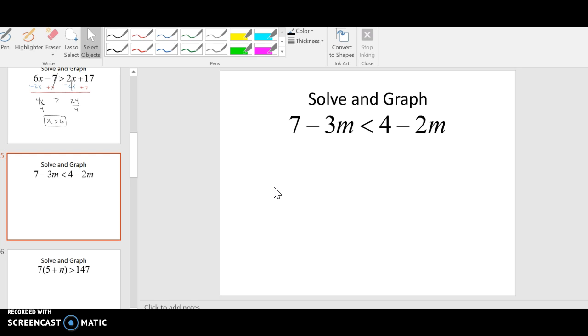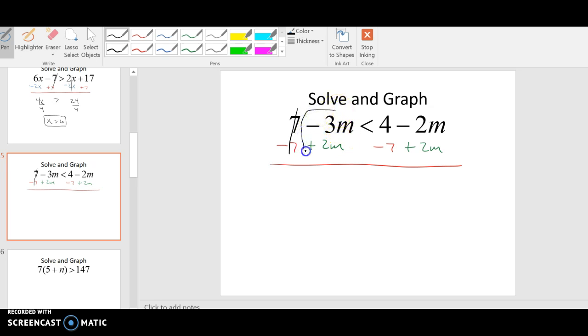Next one. So again, once we see we have variables on the right, we're going to get rid of them. So I'm going to add the 2m. Since it's minus 2m, I'm going to add it, line it up under its like term. How do I get rid of this 7? Since that's positive 7, I'm going to subtract it, line it up under its like term, and I have to make sure I add and subtract correctly.